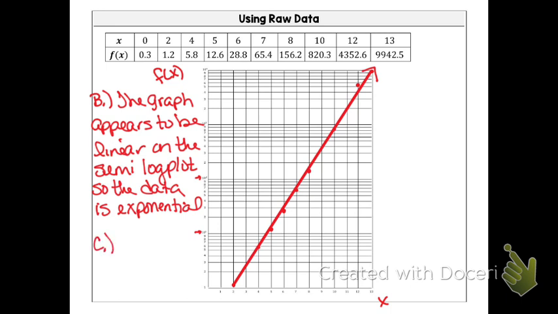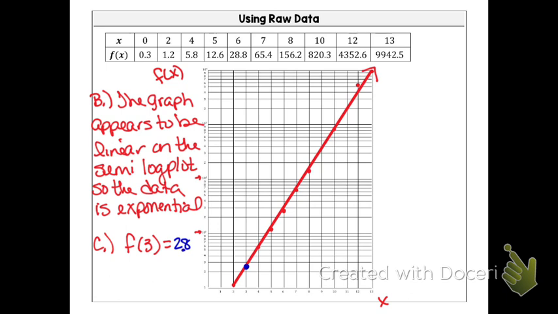All right, then C says approximate the values of f of 3 and f of 9 using the graph. So f of 3, I'm going to change colors here. Go to where x is 3. Points right about there. So somewhere between 20 and 30, looks like a little closer to 30. So how about 28? I'm sorry, not 28, 2.8. Excuse me, between 2 and 3.